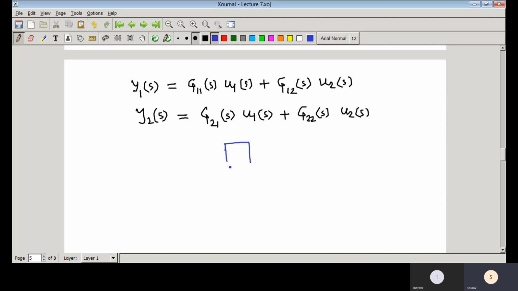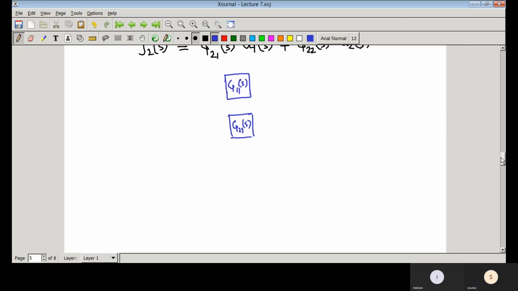Here you have G11(s), and here you have G21(s), then you have G12(s), and here you have G22(s).